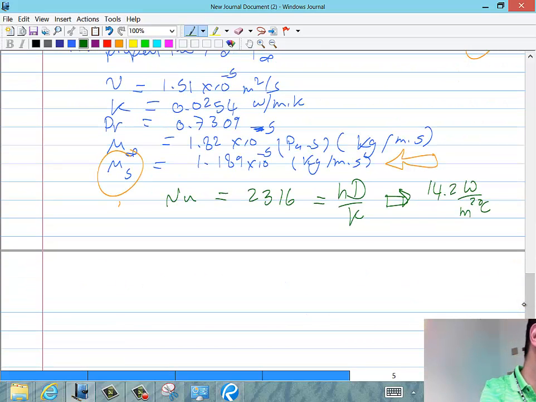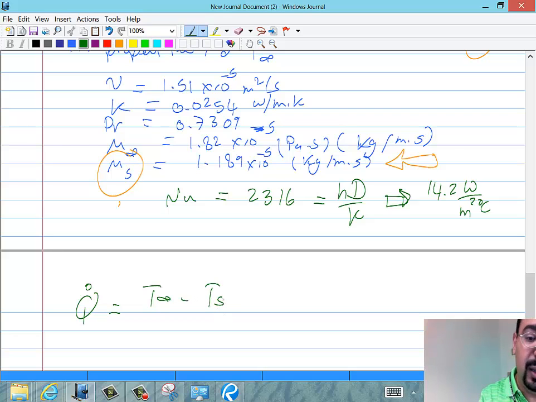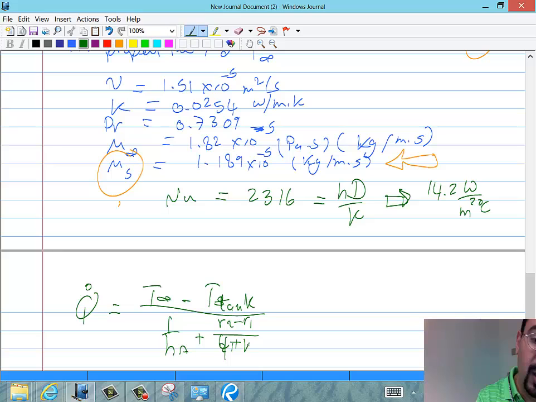So the Q dot is T infinity minus the T tank, sorry, over the sum of the resistances, 1 over HA plus R2 minus R1 over 4 pi K R1 R2.